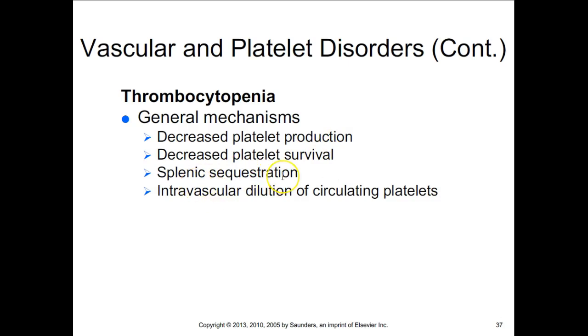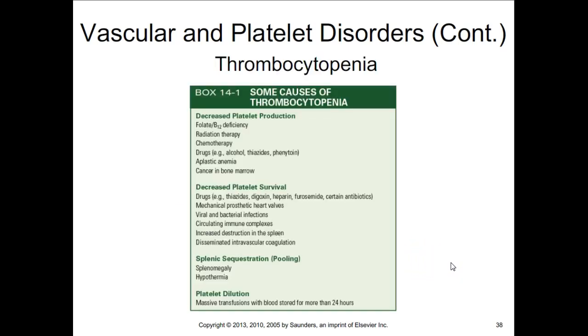Splenic sequestration, so the spleen is kind of holding and keeping a bunch of these thrombocytes, and sometimes they can affect the spleen and the ability for the spleen to do its job. And then intravascular dilution of circulating platelets. So you can see some causes of thrombocytopenia, including cancer in the bone marrow, right?